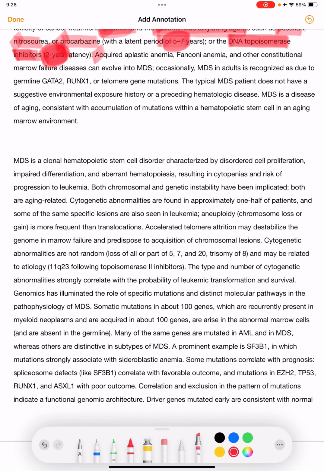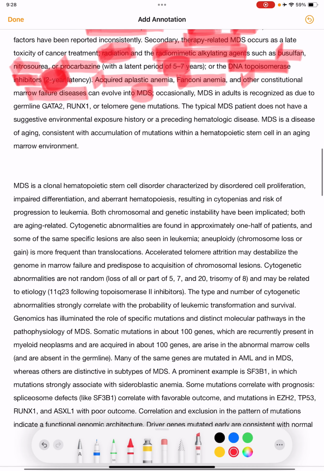And then we have acquired aplastic anemia, Fanconi anemia and other constitutional marrow failure disorders. These can evolve into MDS. Occasionally, MDS in adults is recognized as due to germline GATA2, RUNX1 or telomere gene mutations.